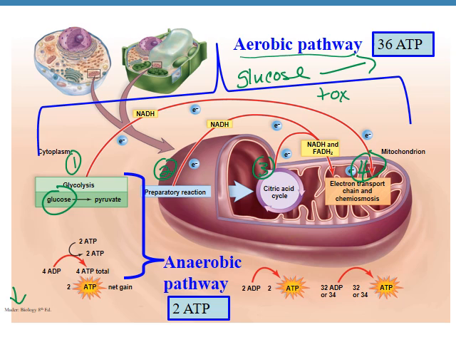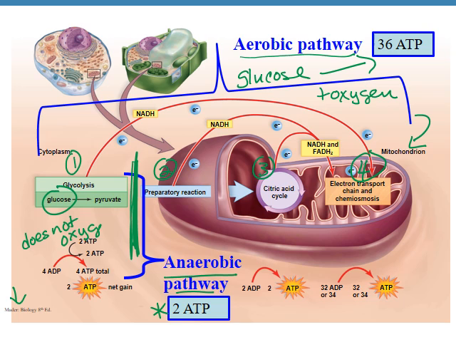You have to have oxygen and you have to have mitochondria. Anaerobic pathway, you only make 2 ATPs and you only do the first phase of the aerobic pathway. This does not require oxygen and you make 2 ATPs total.